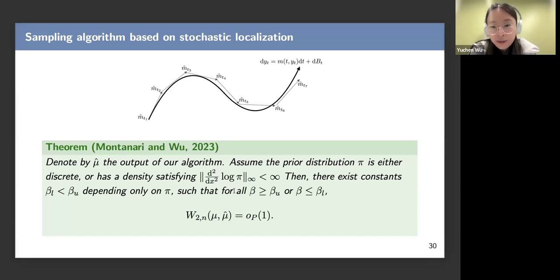If either of these two conditions holds, then there exist two constants, beta_L and beta_U, with beta_U strictly larger than beta_L, depending only on the prior distribution pi, such that if the signal-to-noise ratio beta is greater or equal to beta_U, or smaller or equal to beta_L, then under either condition the Wasserstein distance between the target distribution and the output distribution is very small with high probability. Okay, so that's the theoretical guarantee.